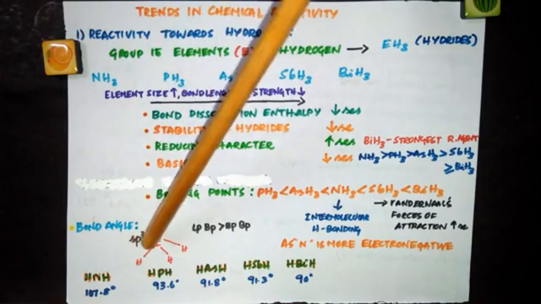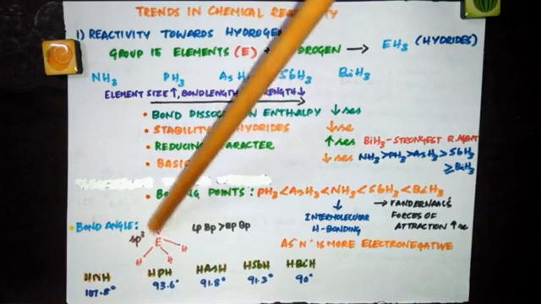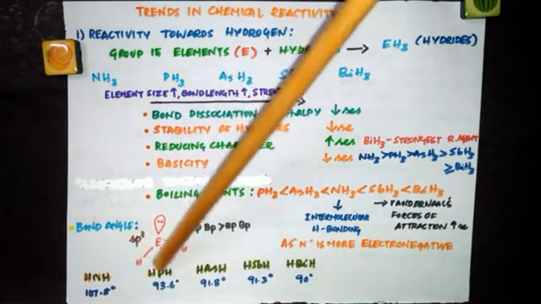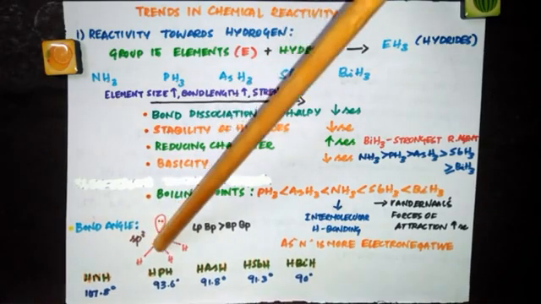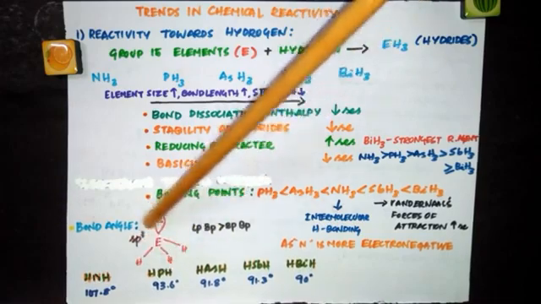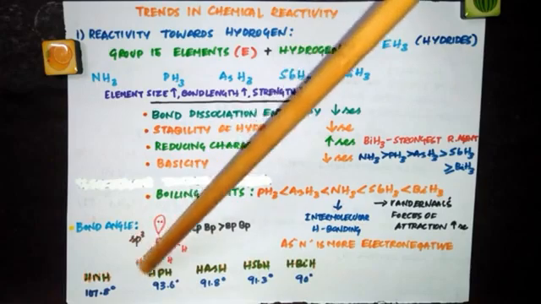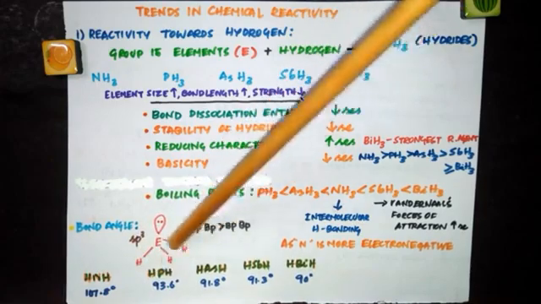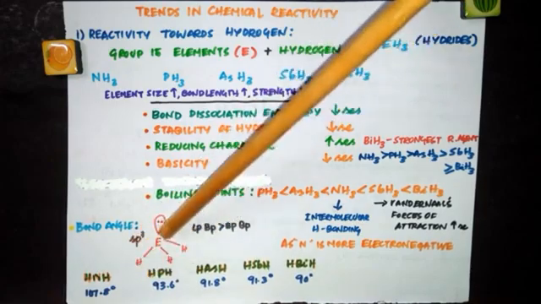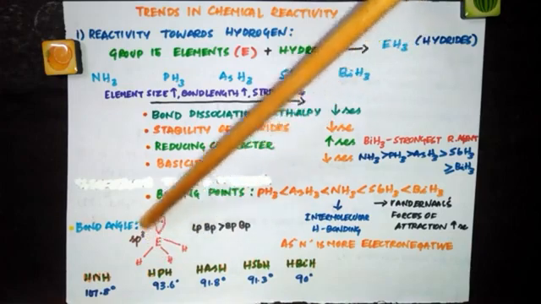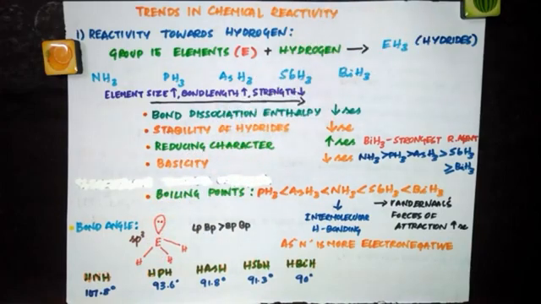So out of the 4 hybrid orbitals, see, this is the central atom. It can be nitrogen, phosphorus, arsenic, antimony or bismuth. So the central atom has 4 hybrid orbitals. 3 of the hybrid orbitals have overlapped with the 1s orbital of hydrogen. So 3 hydrogens are bonded here with the central atom, and 1 hybrid orbital contains the lone pair of electrons.